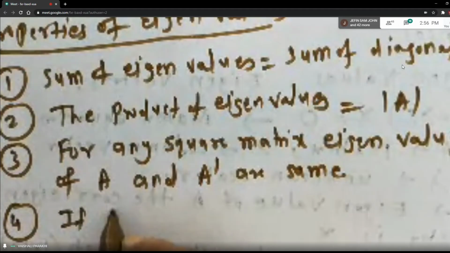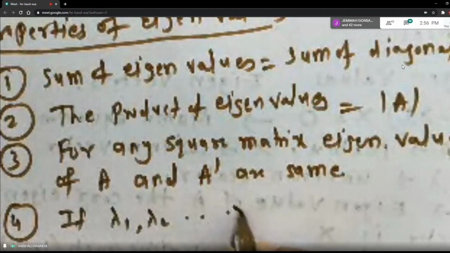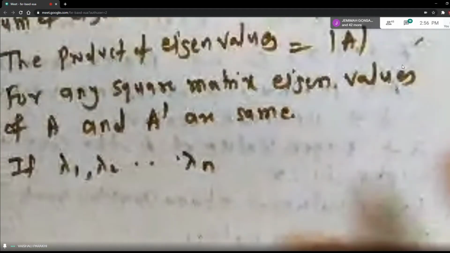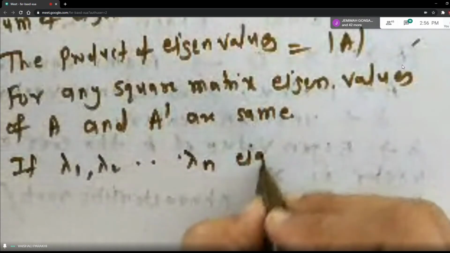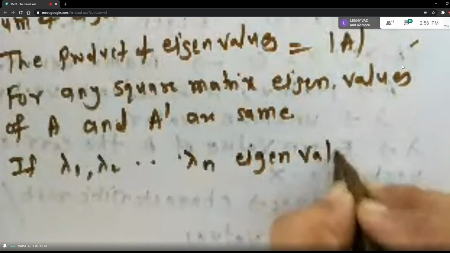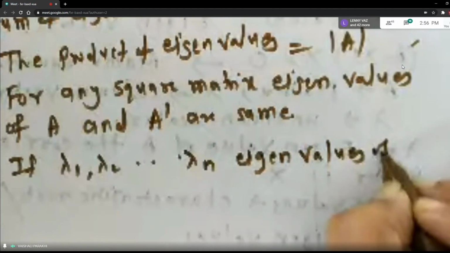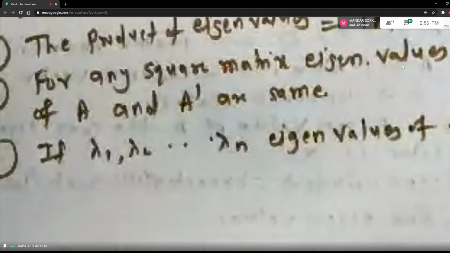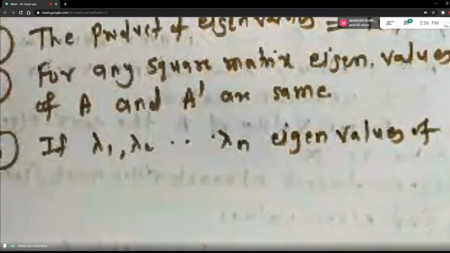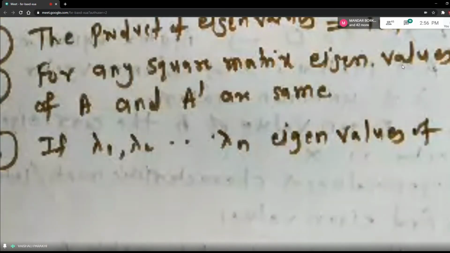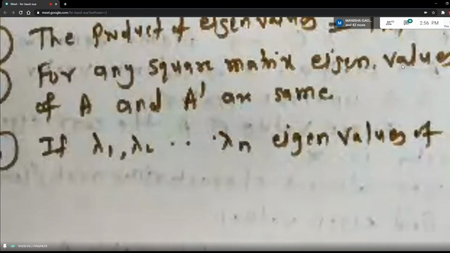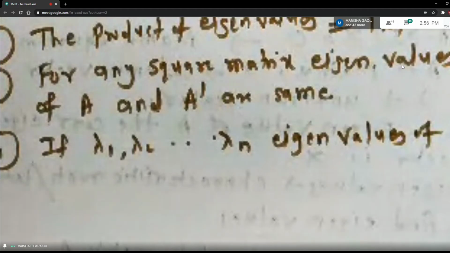And the last property: if lambda 1, lambda 2 up to lambda n are the eigenvalues of matrix A, because we don't know how many eigenvalues we'll get. It depends upon the order of the characteristic equation. If it is quadratic, there will be only 2 values. If cubic, 3 values.